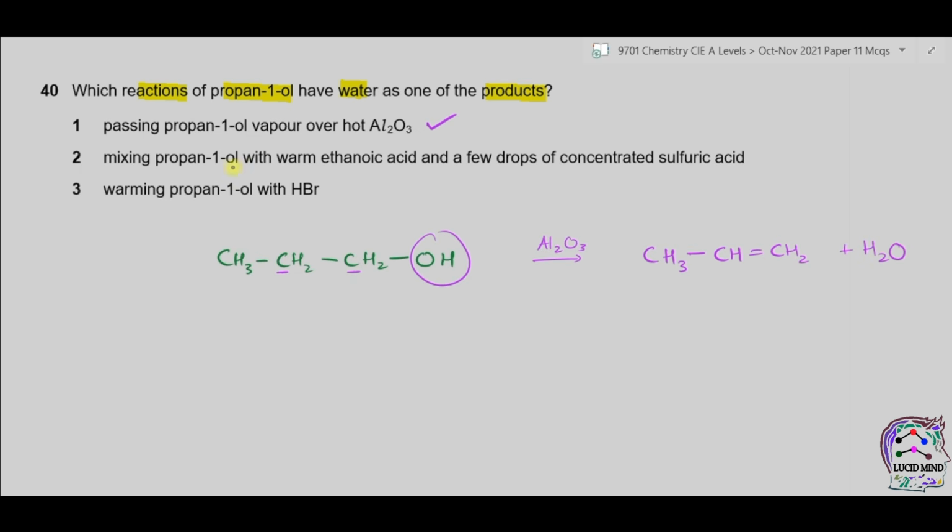Number 2, mixing propan-1-ol with warm ethanoic acid and a few drops of concentrated sulfuric acid. Now an alcohol and a carboxylic acid can react together to form an ester along with the removal of water. We have propan-1-ol. Now this can react with ethanoic acid.